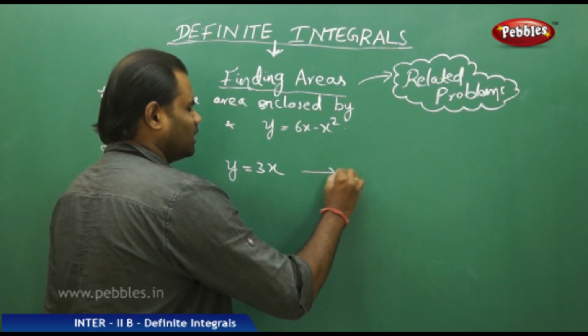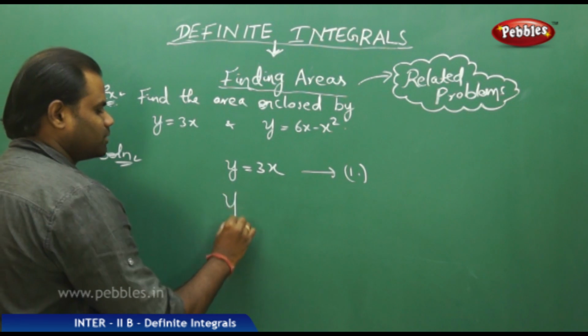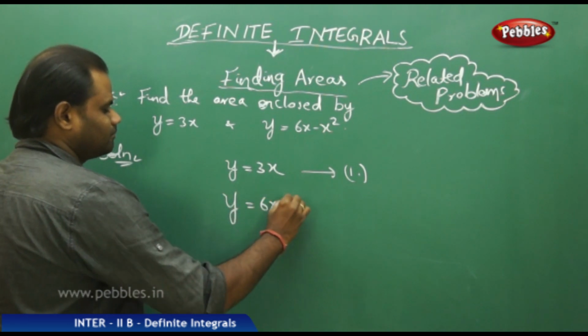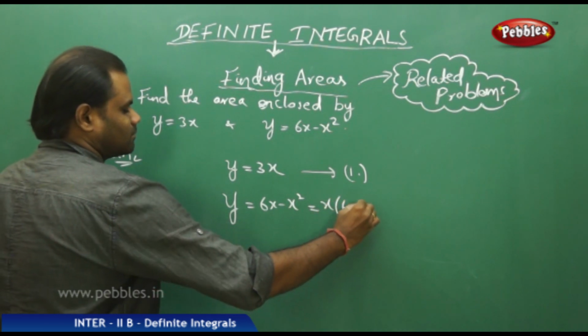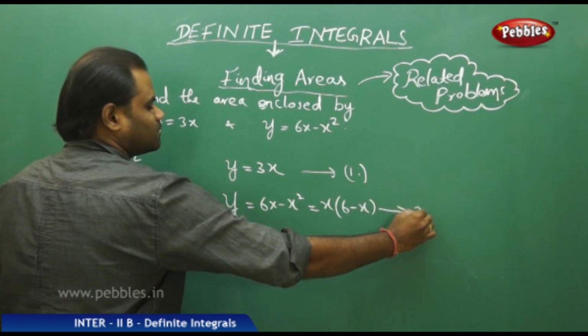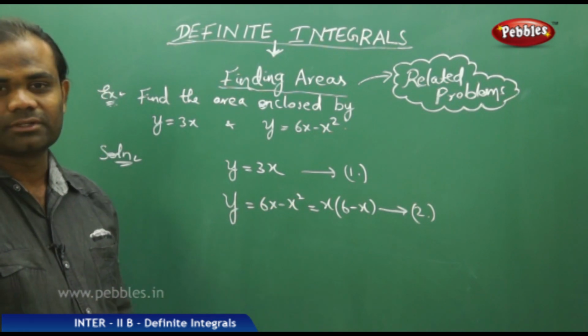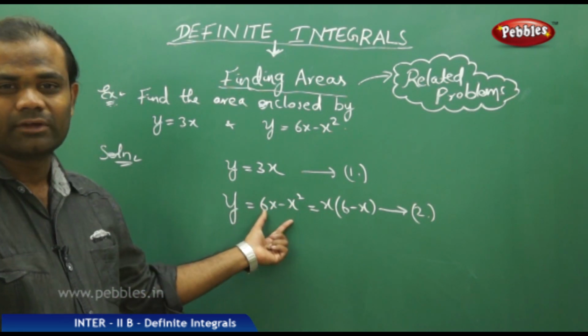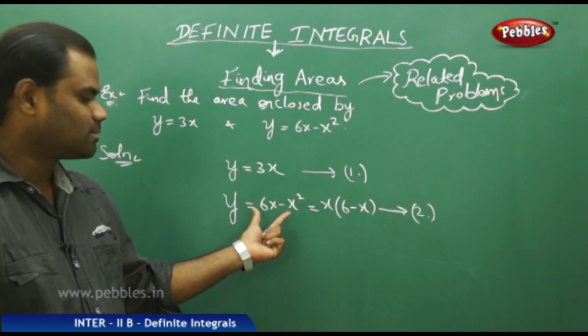So this is curve 1, and the next curve which is given here I can write as this. Now clearly I see that this is a quadratic equation or a quadratic curve, therefore this is a parabola. So this is a straight line and this is a parabola.